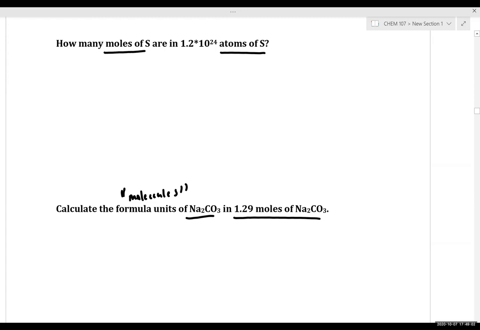It's essentially describing the simplest molecular formula of an ionic compound. You can treat it just like molecules for the purposes of calculations and for atom to mole and molecule to mole conversions. Does that make sense? Yes. Perfect. So let's keep working through this example and we'll discuss in about another minute and a half.